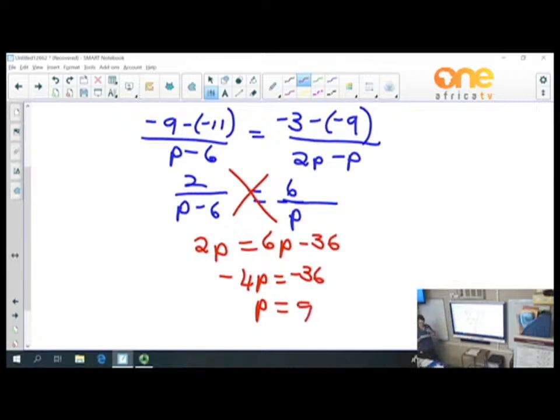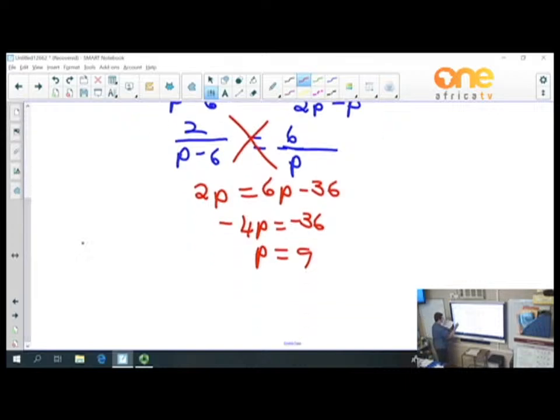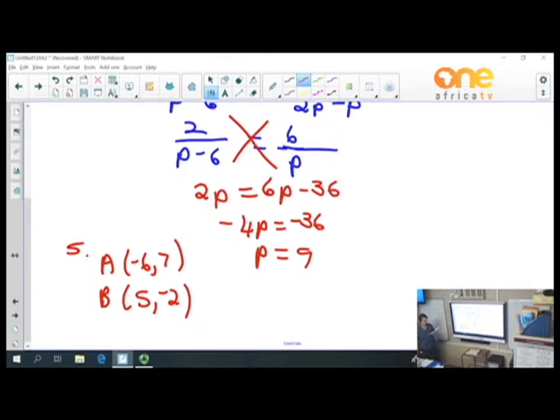Nice questions. The last one is number 5. A is then (negative 6, 7), and B is (5, negative 2). Now they say the line segment joining those 2 points intersects the y-axis at the point C. Oh, I wonder who could do this one.